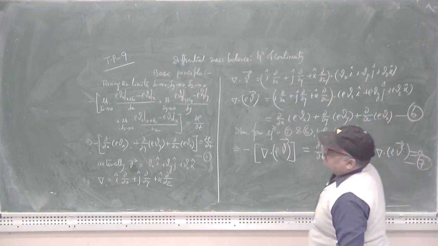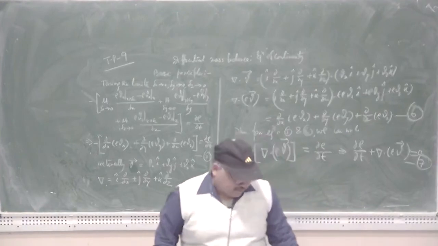This equation number 7 is called the equation of continuity.